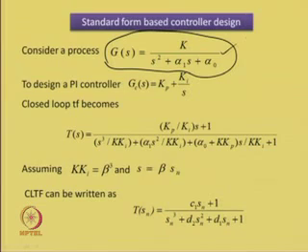Consider a process given as G(s) = k / (s^2 + alpha1 s + alpha0). So, this all pole second order process has poles located, suppose, far off from the left half of the S plane.